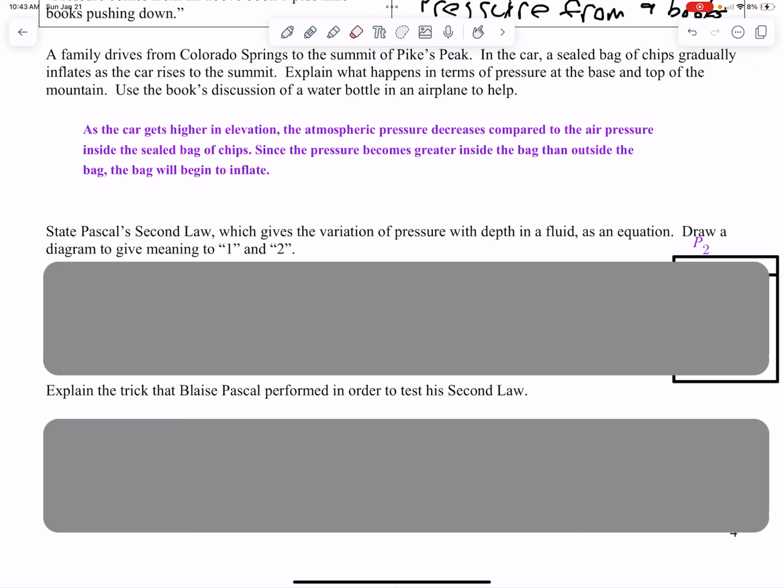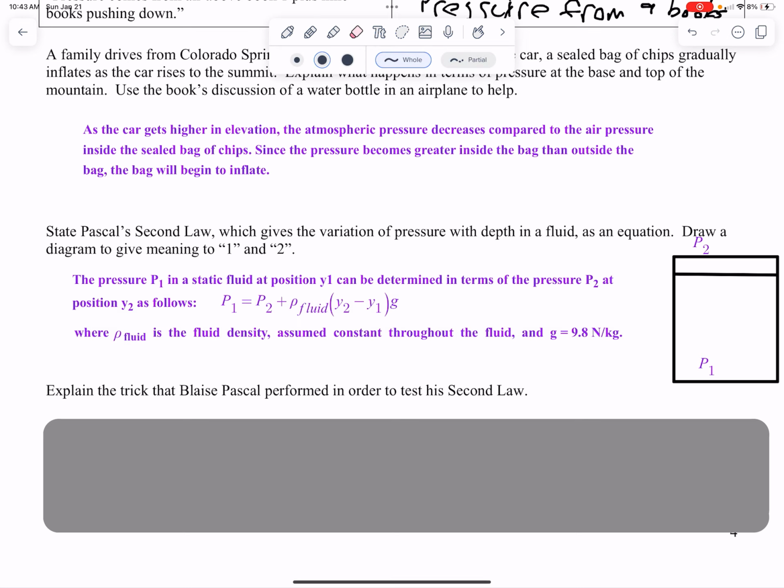State Pascal's second law, which gives the variation of pressure with depth in a fluid as an equation. Draw the diagram to give meaning to 1 and 2. So pressure 1 in a fluid at position Y1 can be determined from the pressure at position Y2. P1, the absolute or total pressure, is equal to P2, and you can see P2 is up here.